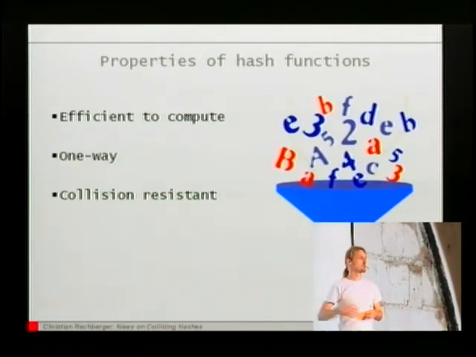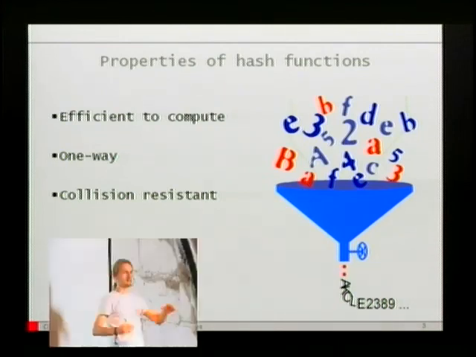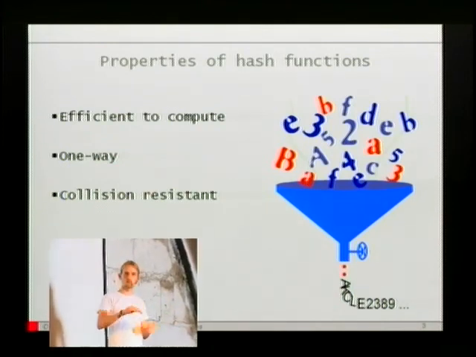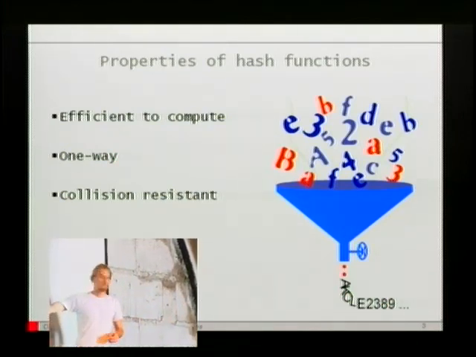Well, there are several properties we want to have from these fundamental building blocks. Think of it as a pyramid, where at the foundation we have these fundamental building blocks, hash functions, ciphers, similar things. On top of that we have protocols and then applications. And of course we want our foundation to be as good and as strong as possible. So, hash functions.